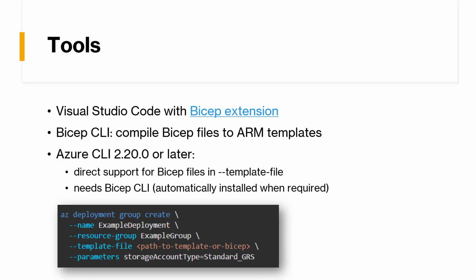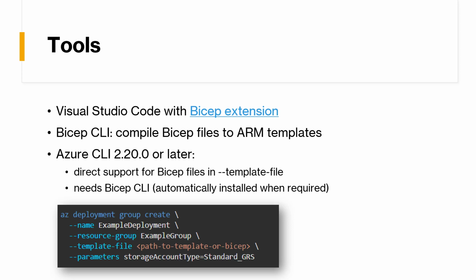Before we get started with an example, what tools should you use? Well, first of all, and that's a no-brainer, to author Bicep files, just use Visual Studio Code with the Bicep extension. There's also the Bicep CLI, which allows you to compile these Bicep files to ARM templates to then submit these ARM templates to the Azure Resource Manager.